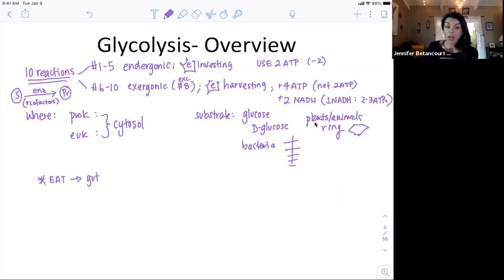And in your gut, you have digestive enzymes. And these enzymes are going to break apart those covalent bonds, thus taking big complex structures and breaking them into individual glucose molecules or something very similar.